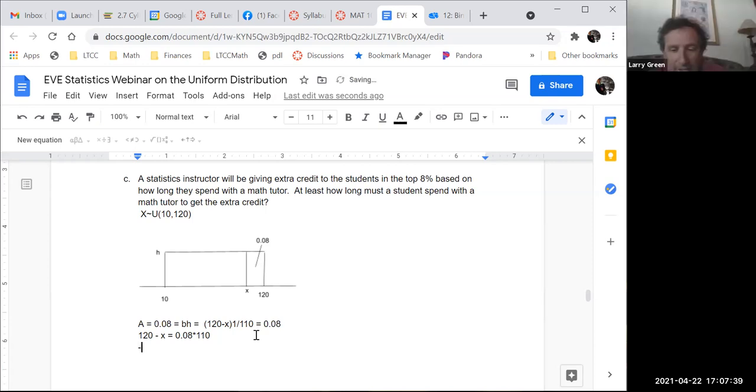So we get negative X is equal to 0.08 times 110 minus 120. And when you have a negative X and you want it to be positive, you just multiply by -1. So that means X is equal to, sorry, times -1, so negative that. Multiplying by -1 just changes the signs of everything: 0.08 times 110 plus 120.